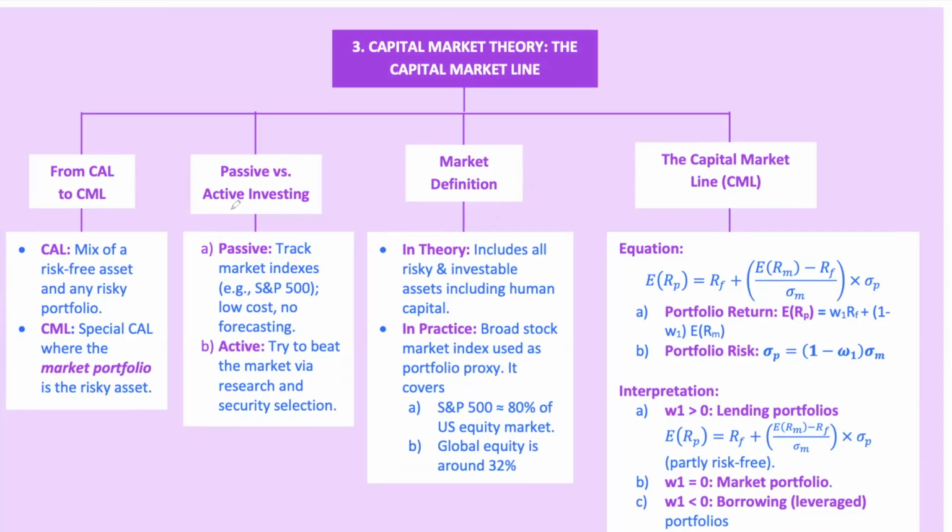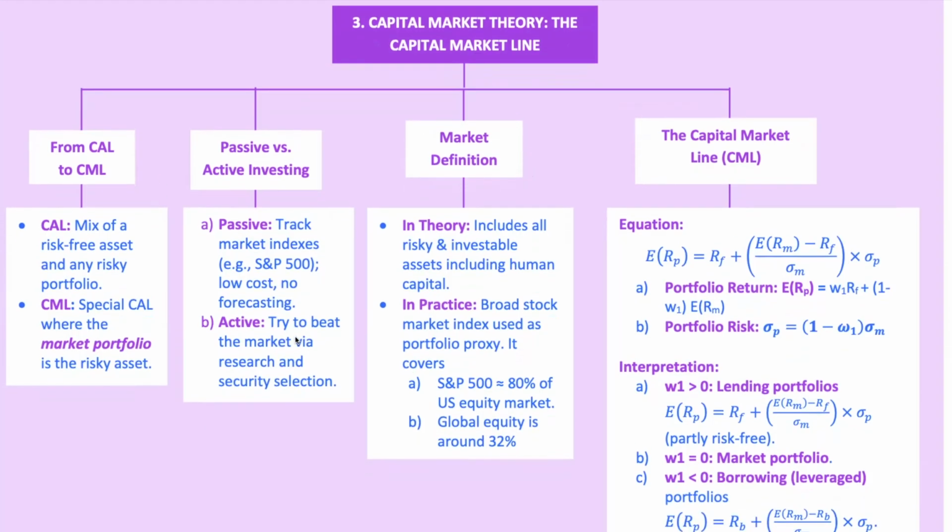All right, so once all investors start using the same information and have the same expectations, what we call homogeneous expectations, everyone ends up picking the same risky portfolio. And that special one, that's called the market portfolio. Now, the capital allocation line that runs through this market portfolio becomes something even more famous.